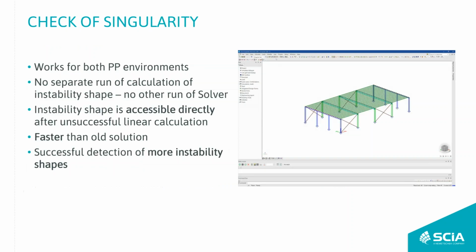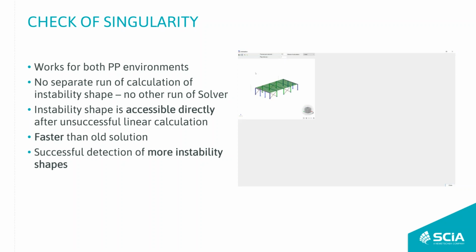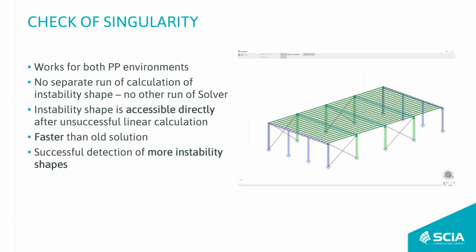What was also done, and it is connected with usability, is the check of the singularity. It works for post-processing environments. There is no need for a separate run of the calculation in case of the instability shape, no other run of the solver. So it means that it's quicker, as you can see on the video shown on the slide simultaneously as I'm speaking.